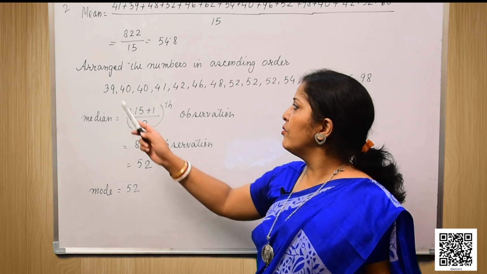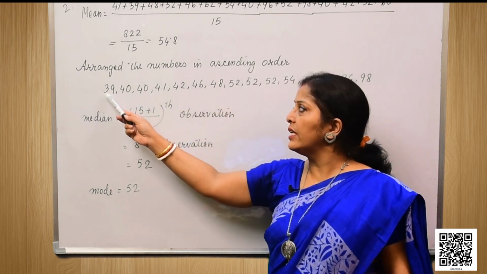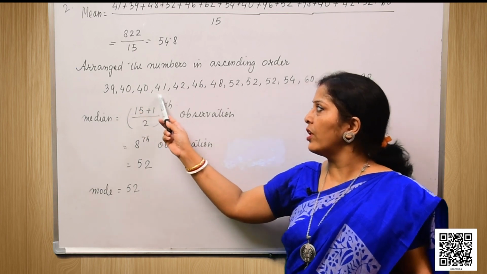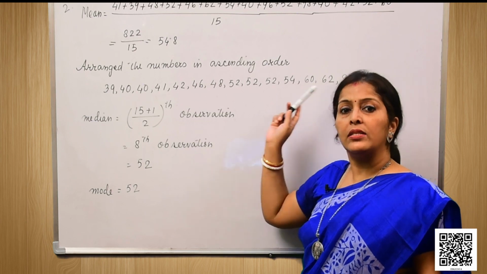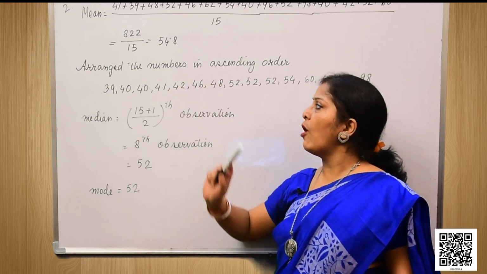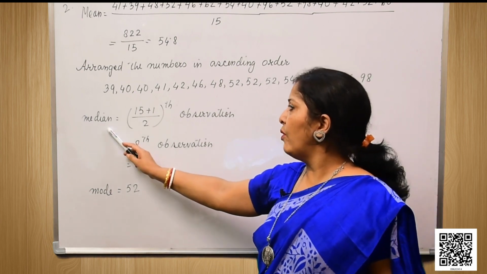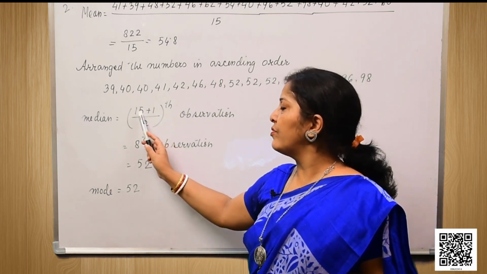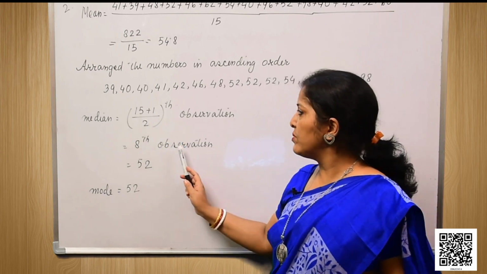Now next is median. To find the median, we arrange the numbers in ascending order. So we started with 39, then 40 and 40, till we go to the highest number, that is 98. Now since in this case the number of observations is 15, which is odd, the median will follow the first formula, that is the 15 plus 1 by 2th observation, which is the 8th observation.